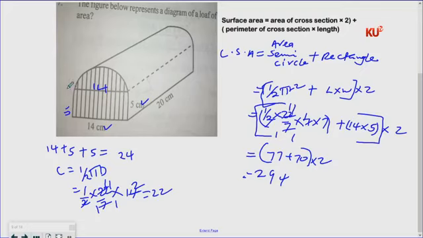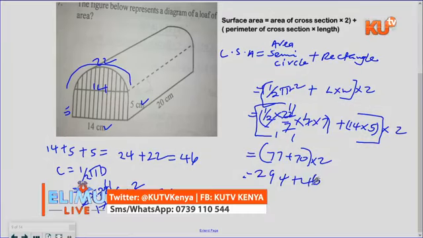So now the 22 has given us this part here, which is the curved part. So let us add 22 plus the 24 that we had after finding the measurement of the length and the width. So 24 plus 22, this is 46. Okay, so now 46, we add to this one here.